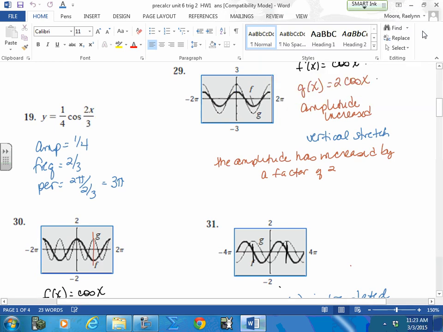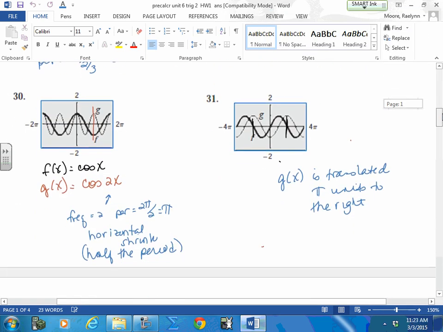30, it took a cosine curve. That's the one in black, the dark one. Then it changed your frequency. Instead of 1 curve in 2 pi, I want 2 curves in 2 pi. So every 180, I have to complete a cosine curve. So from here, there's 1, there's 2. 2 curves in 2 pi.